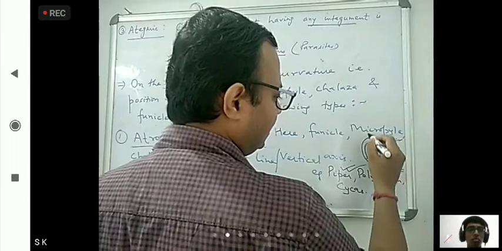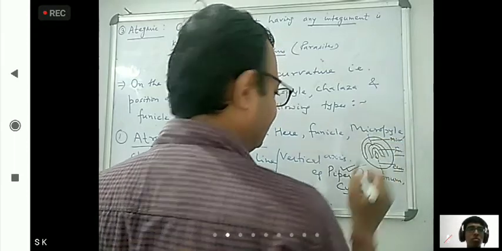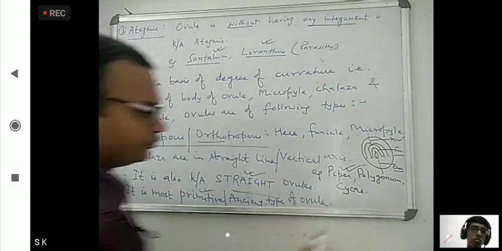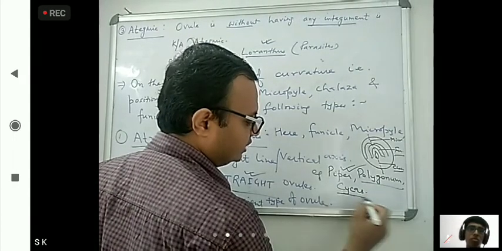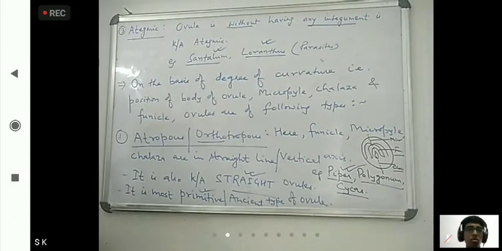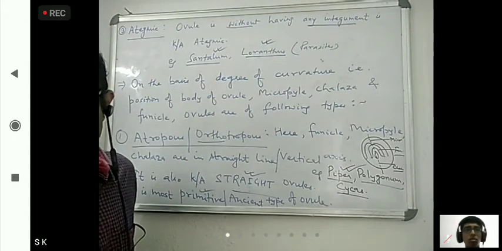So these all are having what? Straight line, and that's why we told atropous or orthotropous. But you have to remember only this example, Piper, Polygonum and Cycas. Okay, so this is atropous or orthotropous.